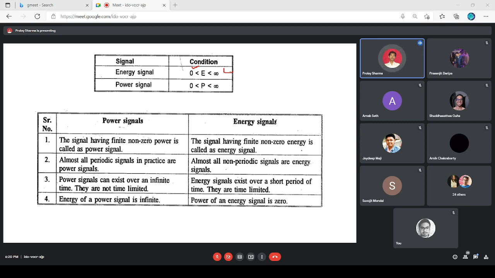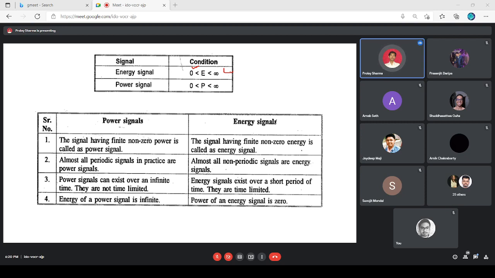But in case of an energy signal, if the signal extends to infinity, then the energy will come as an infinite value, so it is not possible. That's why for a non-periodic signal, that means a signal with no period, after some time the signal amplitude will go to zero. For that type of signal there is some definite measurement of the energy.